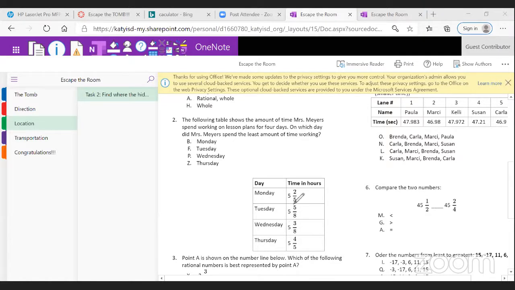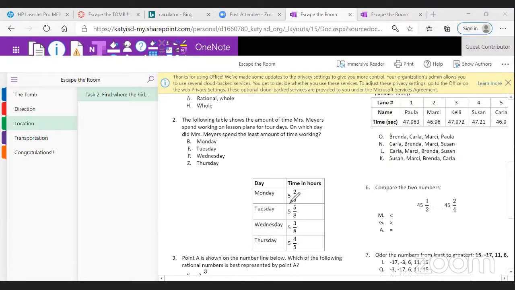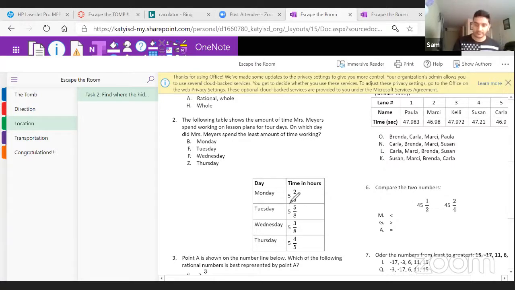So you have 2/5, and 2/5 is not the same as 5/8, and you have 3/8, and you have 4/5. If you convert that into decimals, then you'll be able to see which one has the least hours. You have to convert those into decimals.